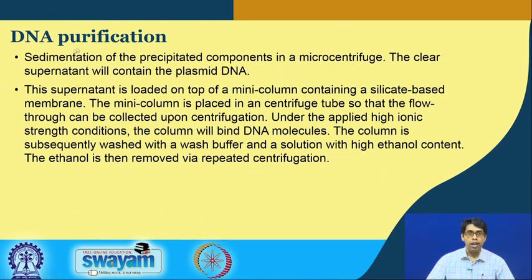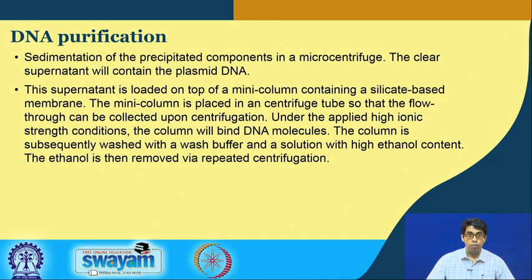So, to do that, we add this supernatant onto a silica based membrane. Now, silica based membrane has negative charge, and this negative charge can interact with the positive ions that are on the surface of the double stranded DNA. This is done by using certain chaotropic ions, which can selectively facilitate this interaction between the plasmid DNA and the silica membrane, so that the plasmid DNA sticks to this membrane, everything else is washed out.